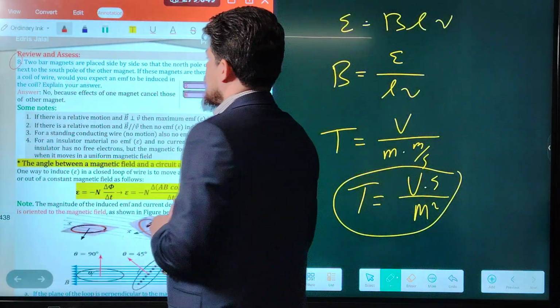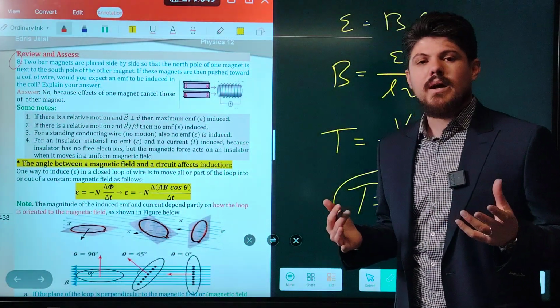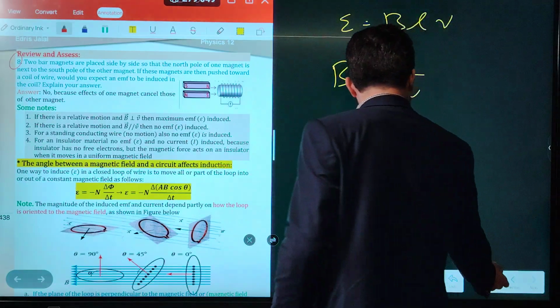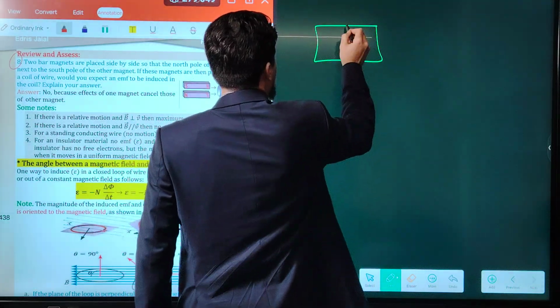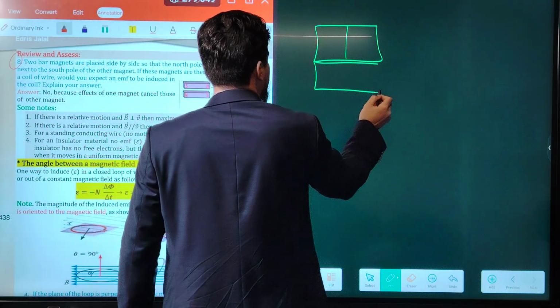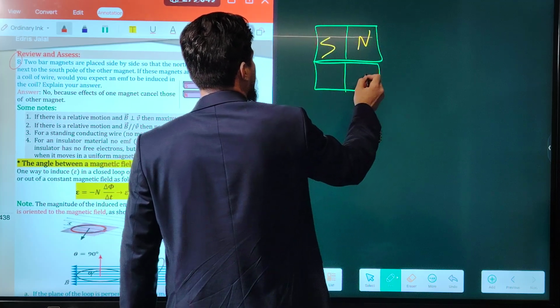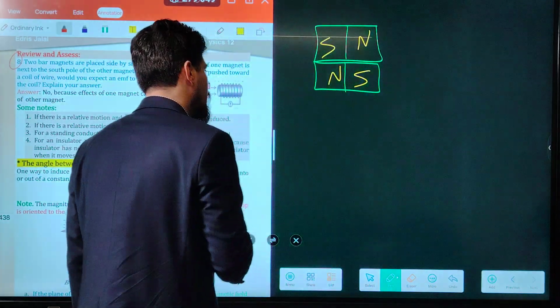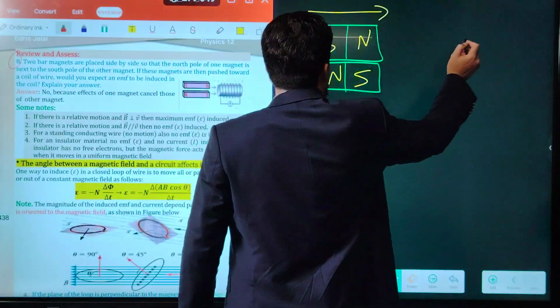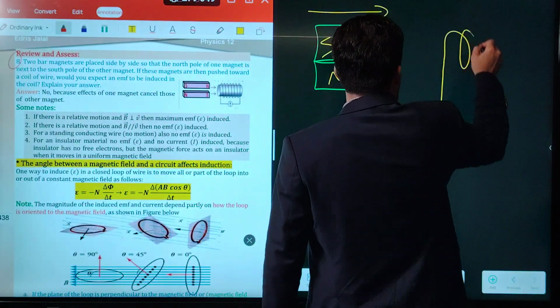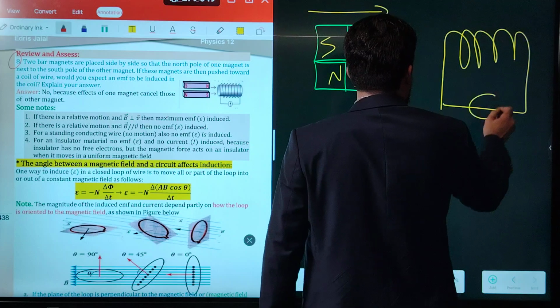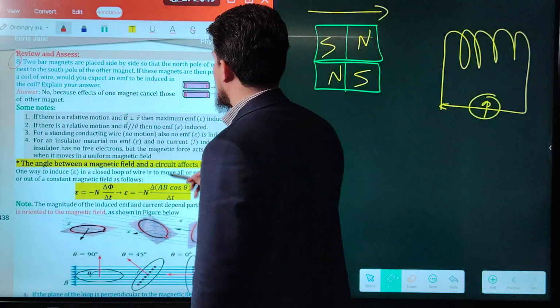Two bar magnets are placed side by side. How many bar magnets do we have? Two. We have two bar magnets placed side by side with the same magnitude. North-south, south-north. And we have a coil of wire.